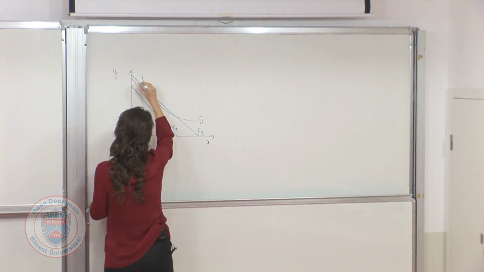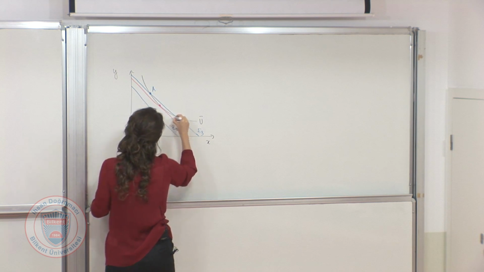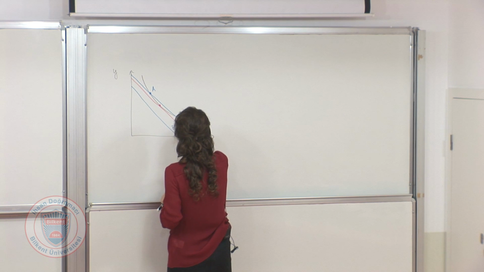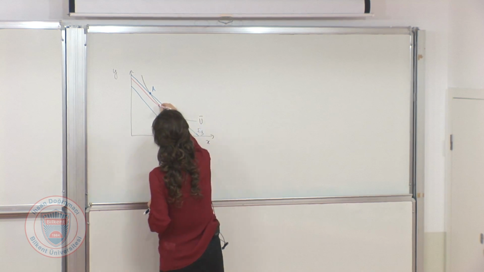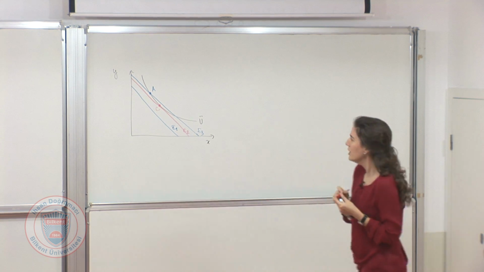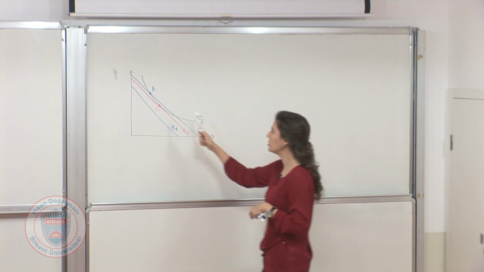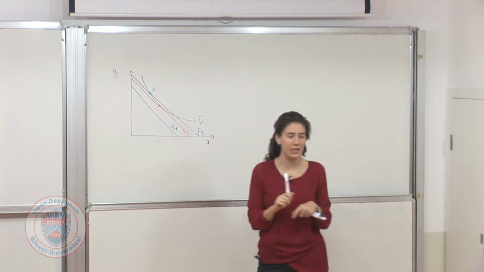So let's see. Okay, so let's call this E2. So let's call this point C or B, okay? So you see that the minimal amount of expenditure is going to be achieved at point C, right?